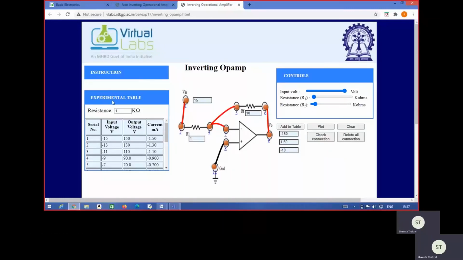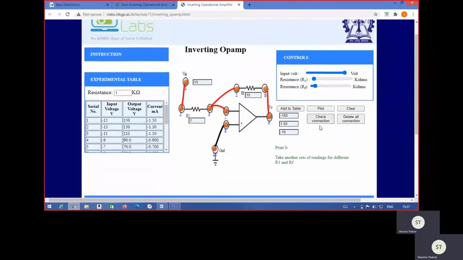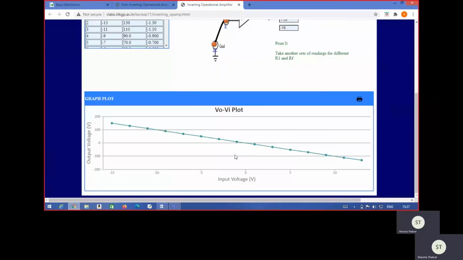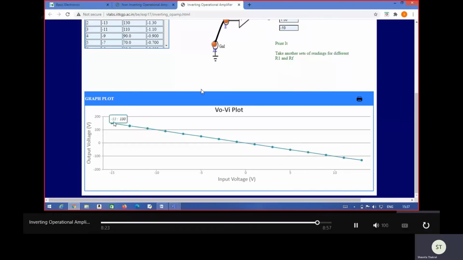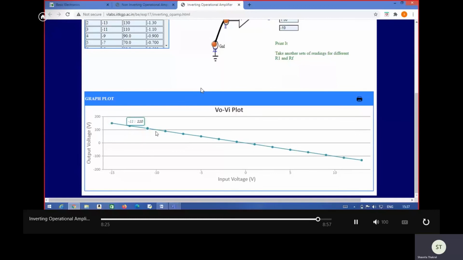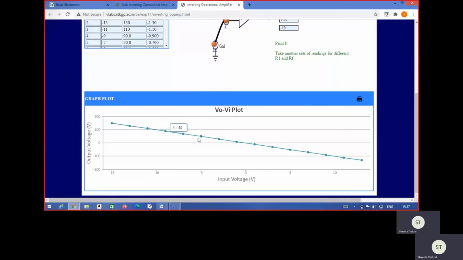in this experimental table. Then after that we can go for the plot, and when we go for the plot, here we have the transfer characteristics of inverting operational amplifier, that is a plot between the output voltage and the input voltage. And we can see here as we increase the input voltage, the output voltage goes in the inverted direction.